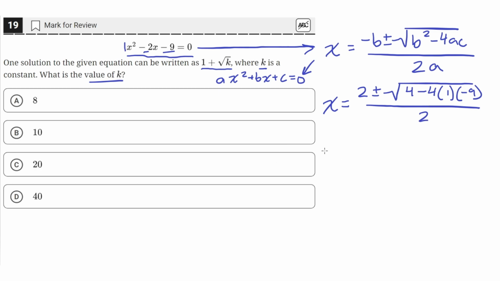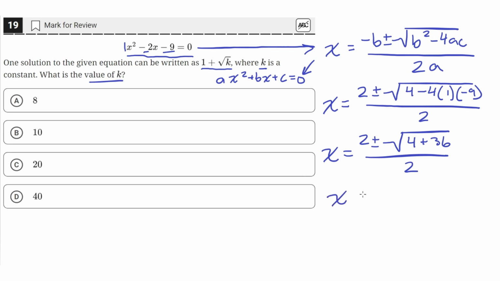Okay, let's simplify this down. So we'll get x equals 2 plus or minus the square root of 4 minus 4 times 9. We don't need to multiply by the 1 since that doesn't change anything. So negative 4 times negative 9 is equal to positive 36. And all of that will be over 2.